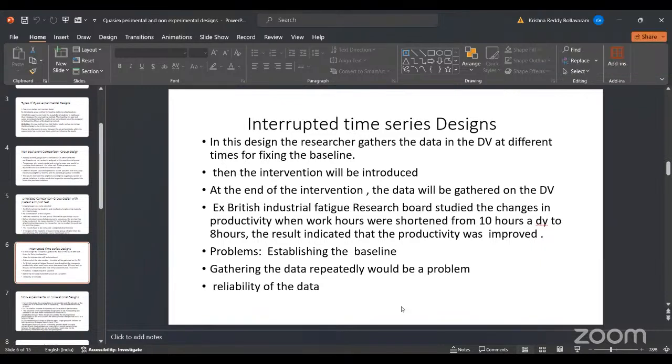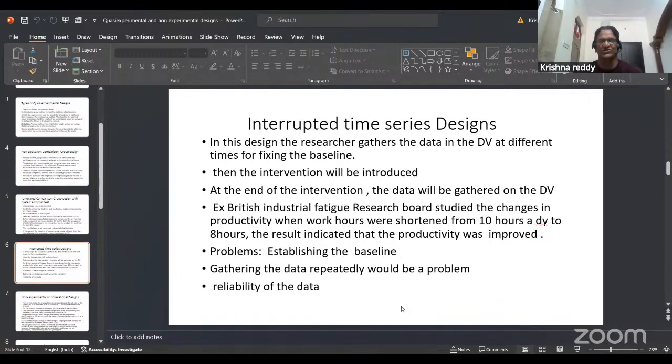If we go through our study material, even though the working hours were reduced from 10 hours to 8 hours, still the result indicated that the productivity was improved. This is one of the studies undertaken by the British Industrial Fatigue Research Board. Even though the working hours were reduced from 10 to 8, the productivity still improved.